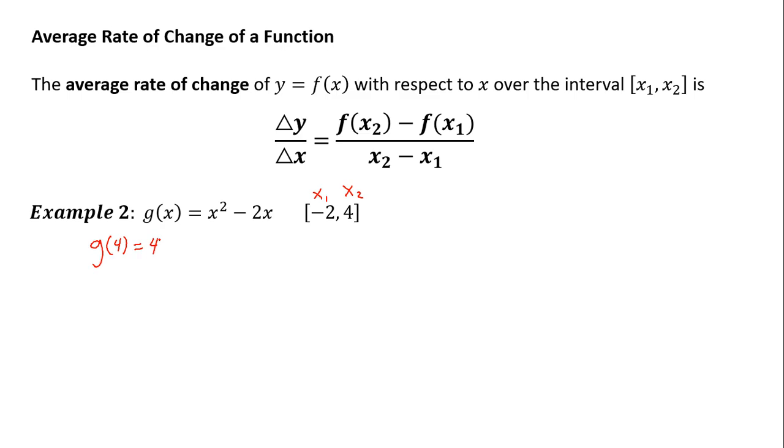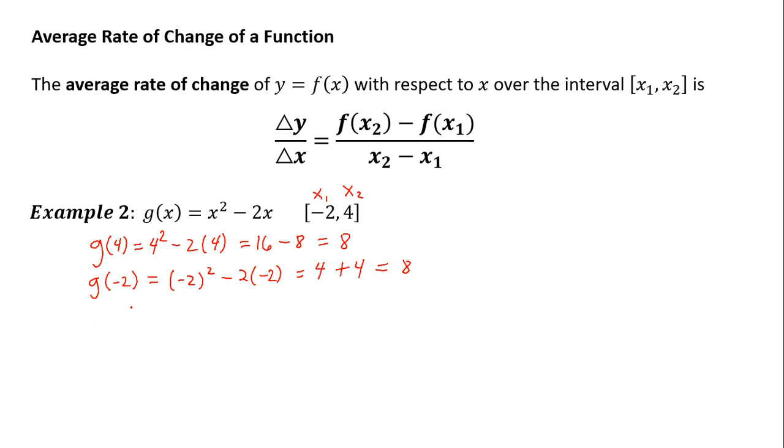So 4 squared minus 2 times 4. So that's 16 minus 8, which is equal to 8. And then g of negative 2 is equal to negative 2 squared minus 2 times negative 2. So this is 4 plus 4, which is equal to 8.